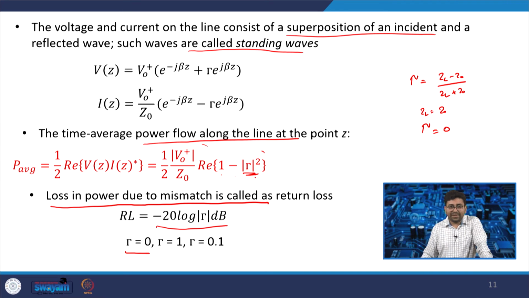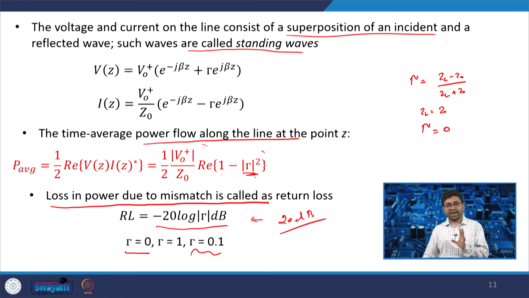So, all RFIC designers or microwave designers will try to get a gamma value of 0.1. We cannot get 0, but if we can get a reflection coefficient of 0.1, then the return loss will come to around 20 dB. If your return loss is 20 dB, that means 90% of the power is transmitted and only 10% is reflected.